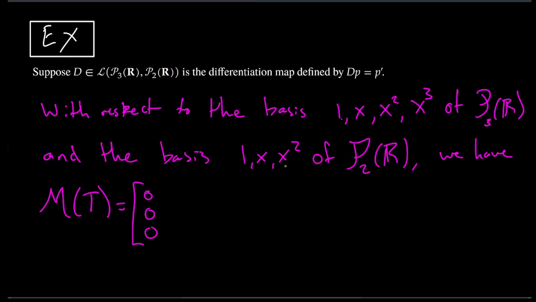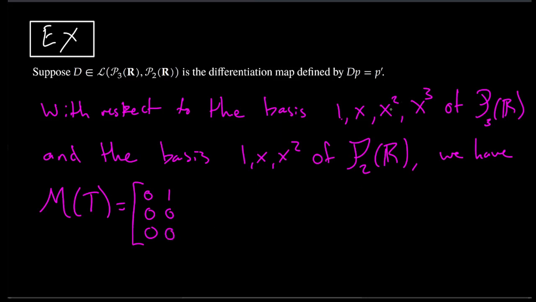There are 3 elements here in the basis of P2, so we only need 3 numbers to represent a linear combination of those 3 elements. Now, if you differentiate x, you get 1. So if you take a linear combination of 1, x, and x squared, and you want to get 1, you put a coefficient of 1 on the 1, a coefficient of 0 on x, and a coefficient of 0 on x squared. So you get (1, 0, 0).